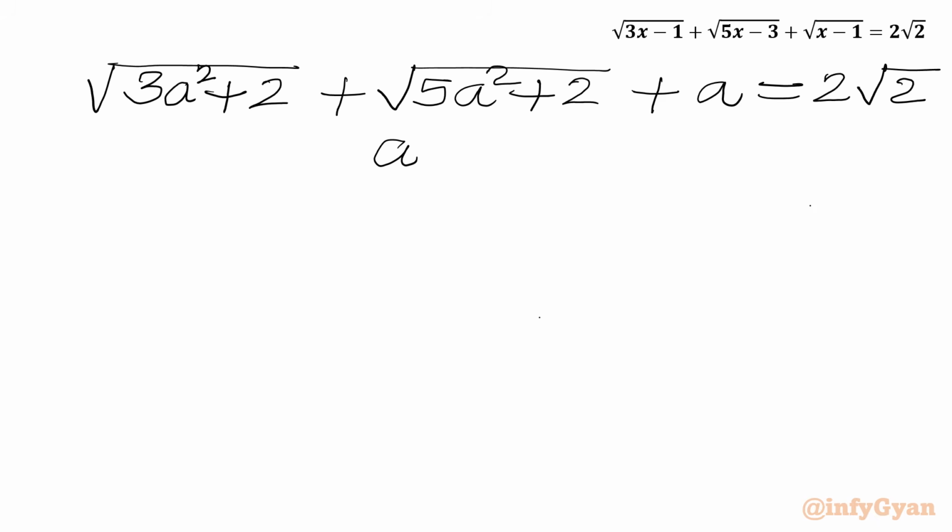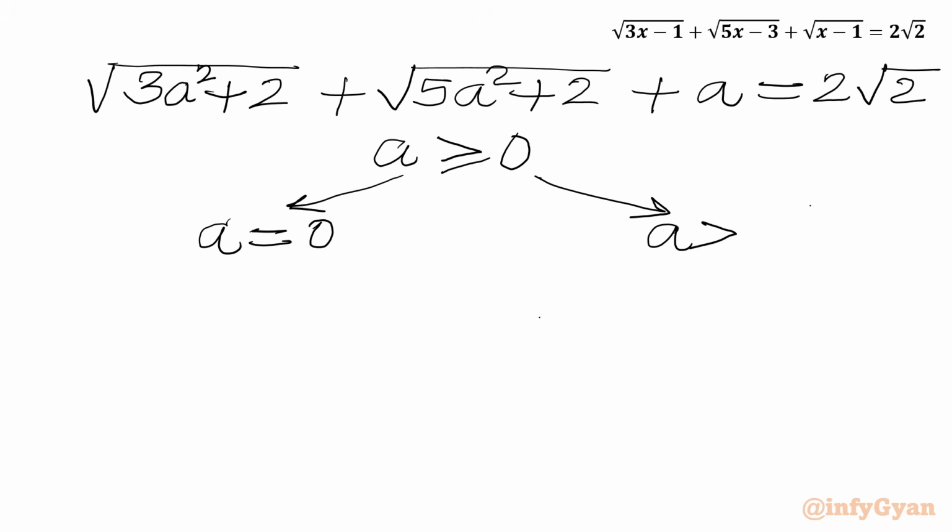We have the condition on a should be greater than or equal to 0. So let us write either a equal to 0 or a greater than 0. Now we will check our equation at a equal to 0 first.